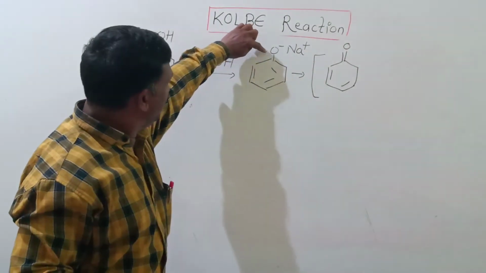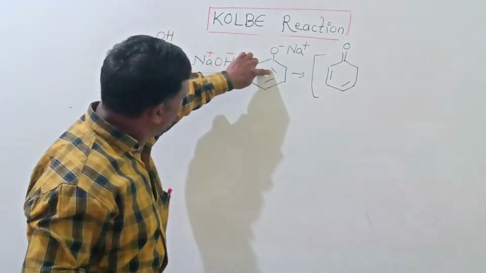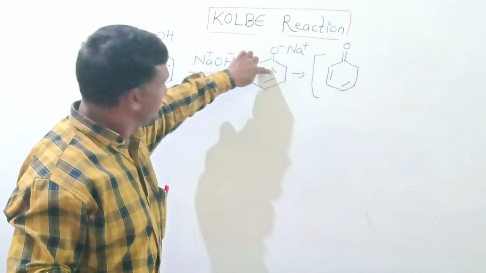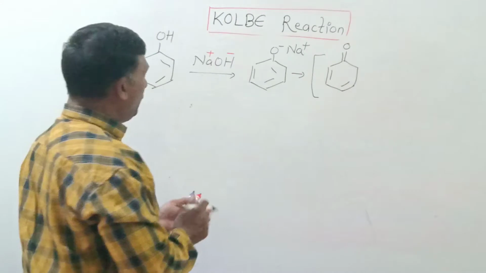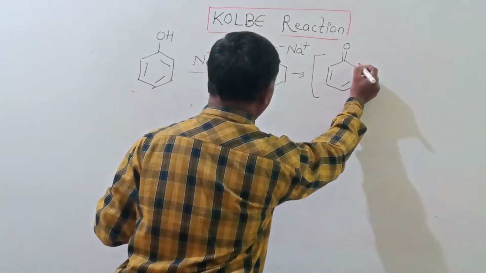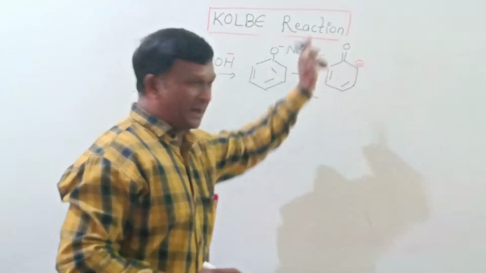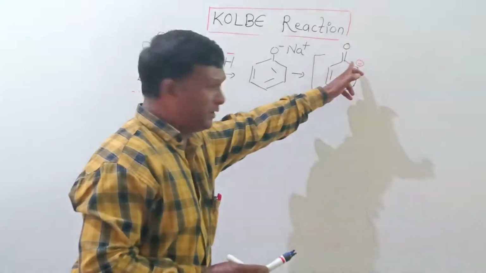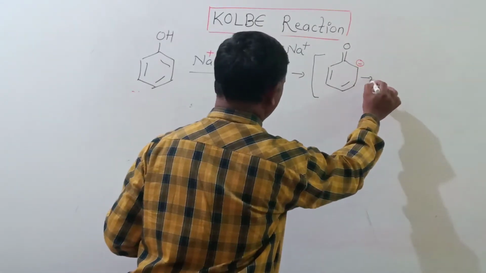When the double bond between oxygen and this carbon takes place, now this pi bond will be broken down and the electron of this pi bond now will be available on this carbon. To satisfy the valency of this carbon, this double bond will be shifted to this position.